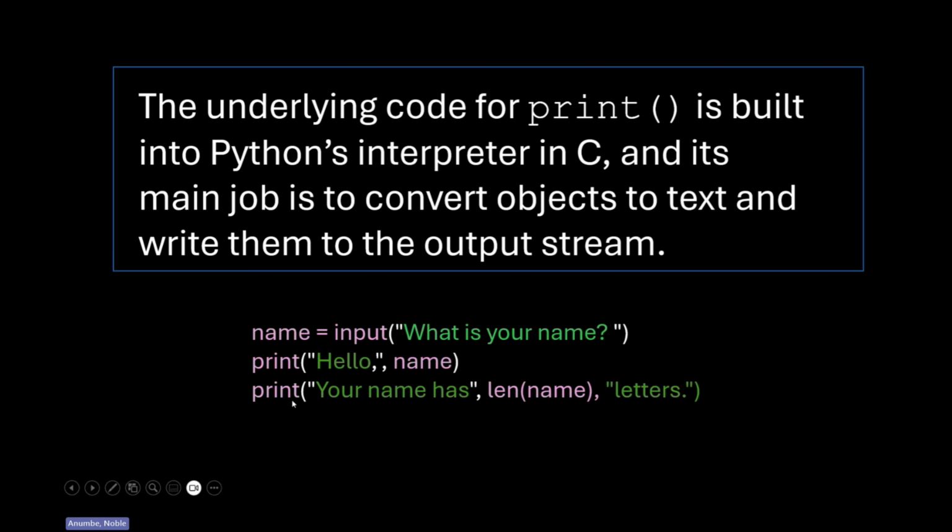And now I have print, your name has, this number of letters. Now I'm trying to use another function within that function to figure out the length of that name, right? And this function connects with the body of that function and executes whatever task has been said there.